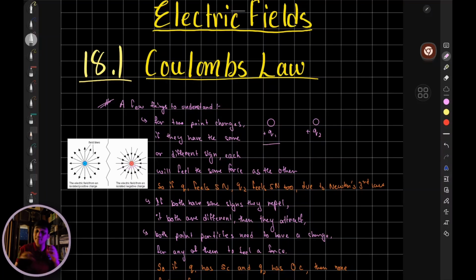So, we have charges Q1 and Q2, let's say both are positive charges, and they are not equal. Q1 is not equal to Q2. Let's just assume that. So if Q1 is not equal to Q2, let's say this is 5 coulombs and this is 10 coulombs, both are positive. What's going to happen is both of these charges are going to face the same force. So what will happen in your imagination if we bring two positive charges together?